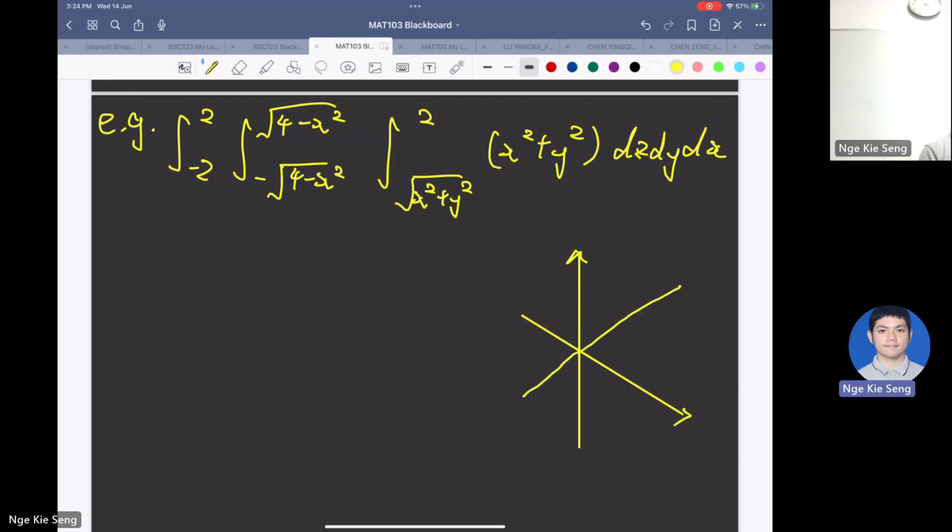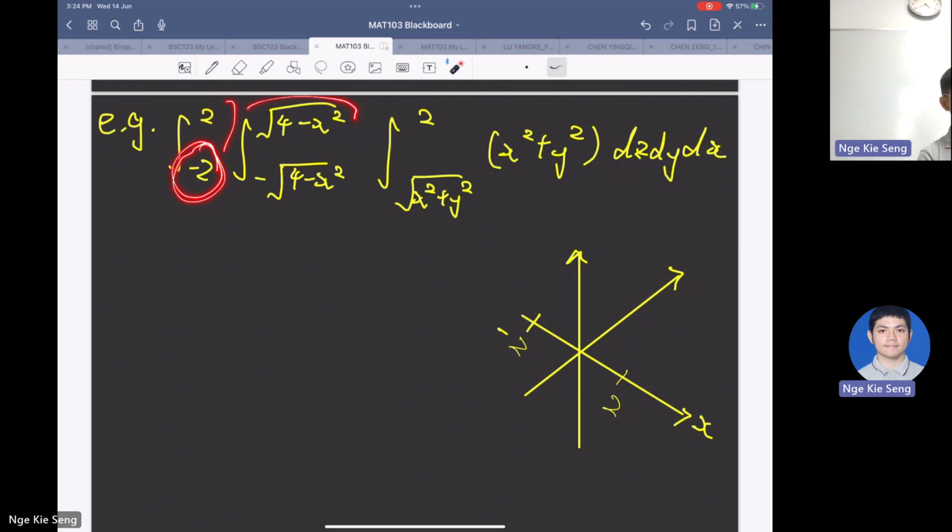Your x direction is fixed from -2 to 2. So how do we figure out what y you have? Maybe you just check from these two endpoints first. Qifeng, what do you get at these two endpoints?